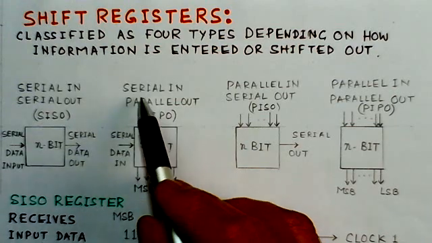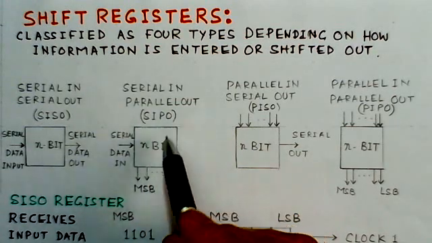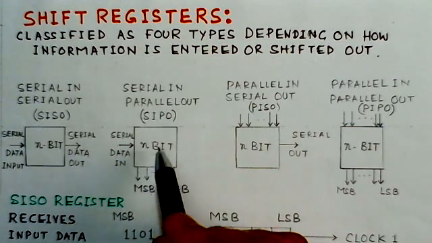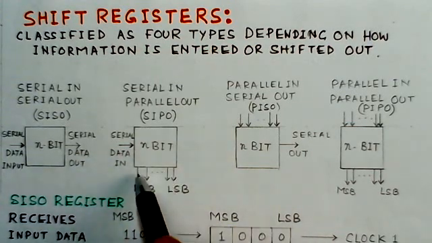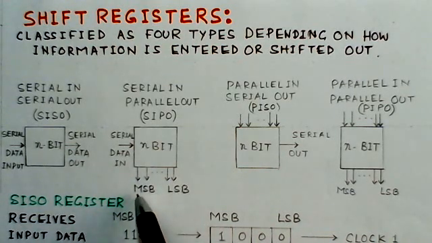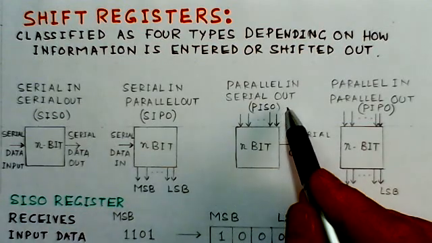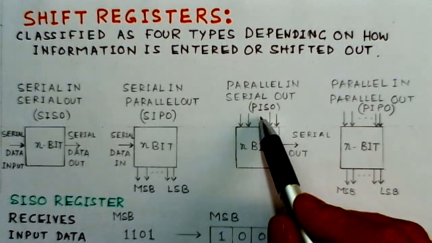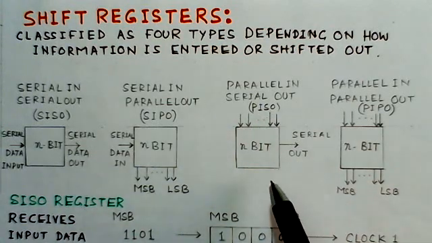The other arrangement could be serial in, parallel out. Here the data is entered serially, 1 bit by 1 bit, and it is taken out in parallel, all the bits at the same time. Then this is parallel in, serial out, said to be PISO.